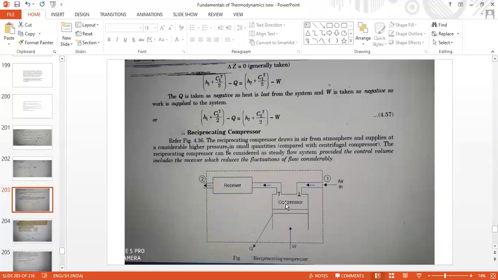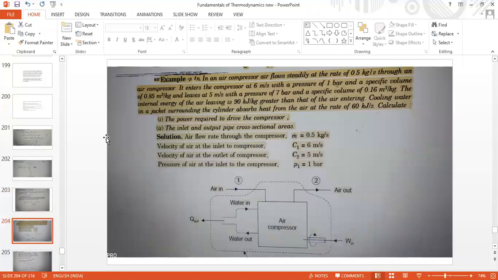Here there are reciprocating parts, whereas in the centrifugal compressor there are rotating parts. In that way, the physical arrangement of the components and the functioning of the two can be differentiated whenever asked.